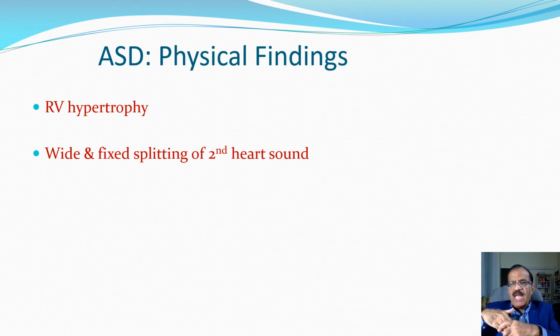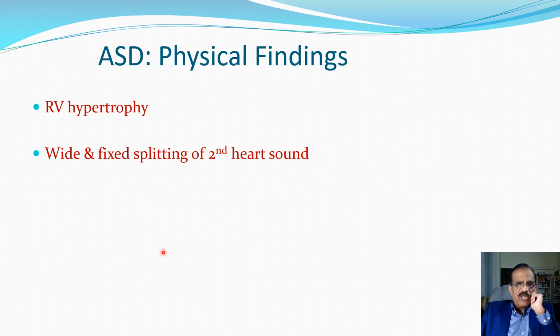At the same time, because of increased lung volume, less blood is going to the left ventricle, the left side. So there is more disparity. The closure of the pulmonary valve is further delayed and the aortic component comes even earlier than its time. So the splitting gets widened during inspiration. That is a normal phenomenon.